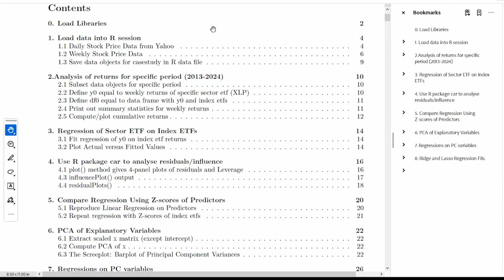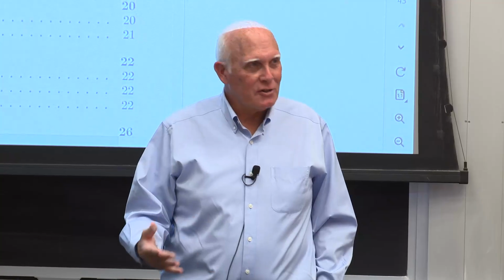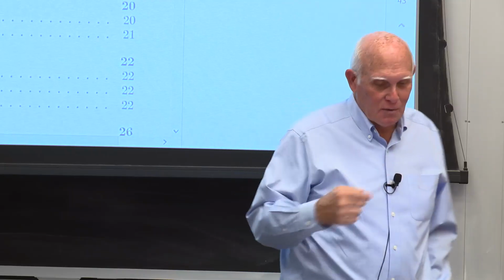What I set up as a problem was to consider collecting prices on exchange-traded funds that correspond to different sectors in the US market. In the US market, there are about 10 sectors: consumer staples, energy, financials, health, and so forth.